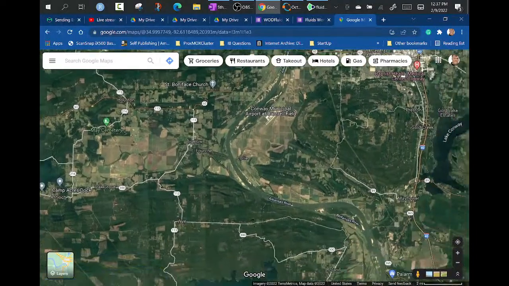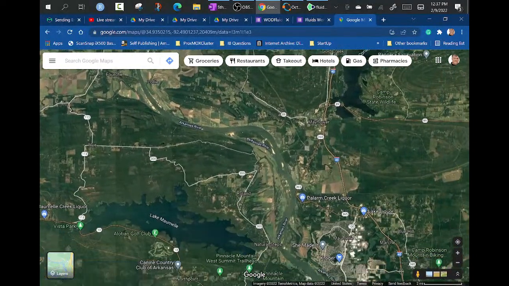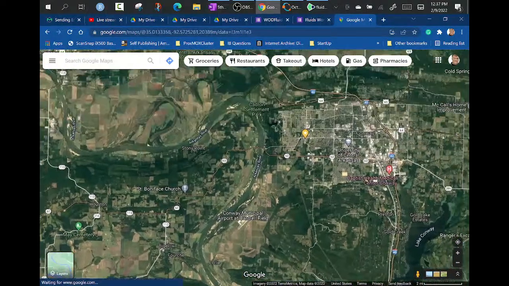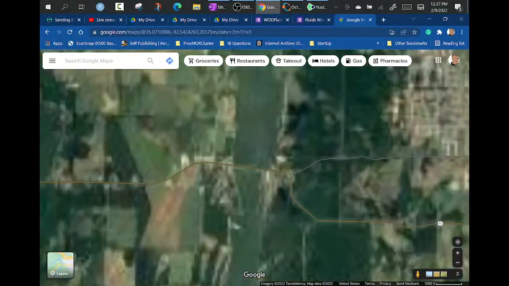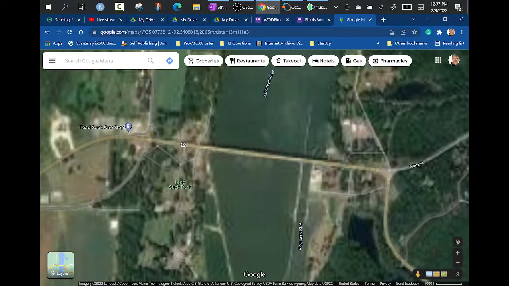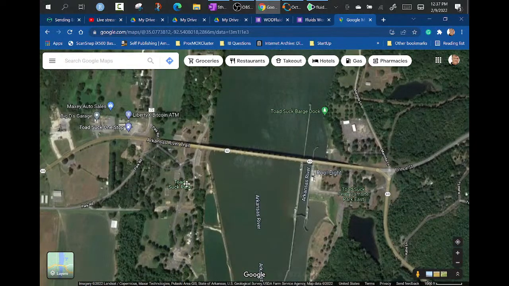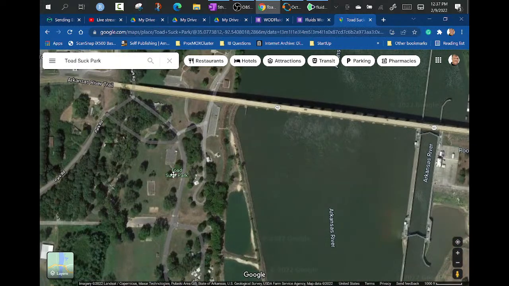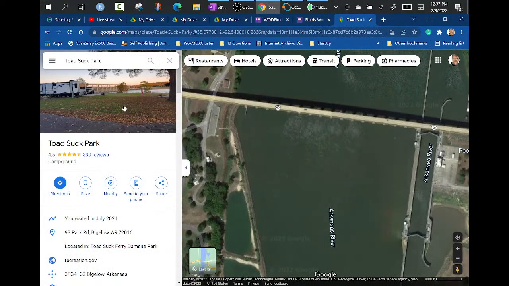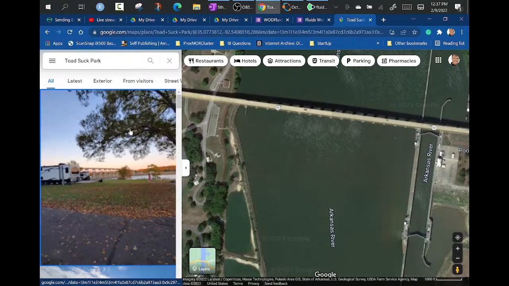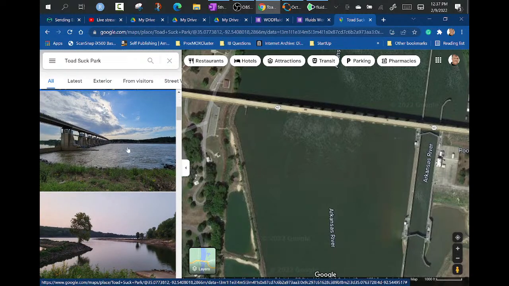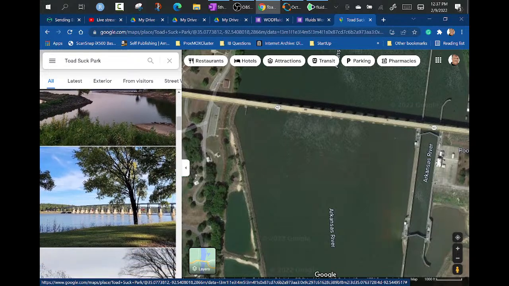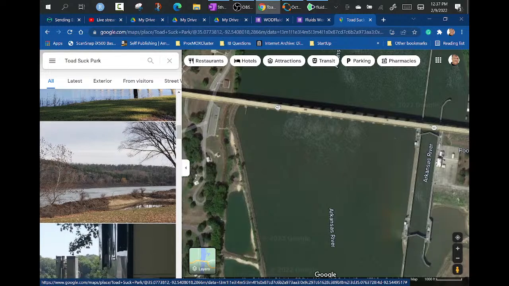The other place I might be able to get a picture of this. Okay, so if you go down here, let's see if I can see a picture here. That's on the back side.